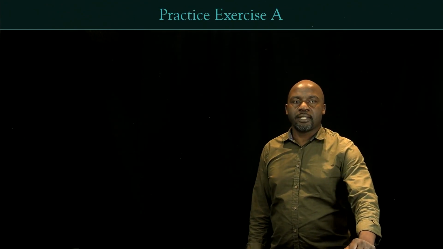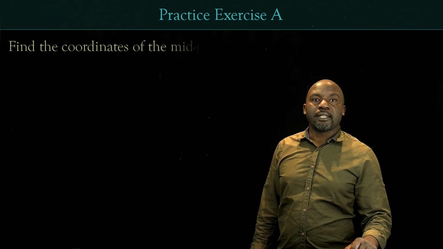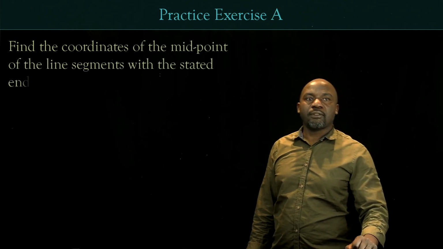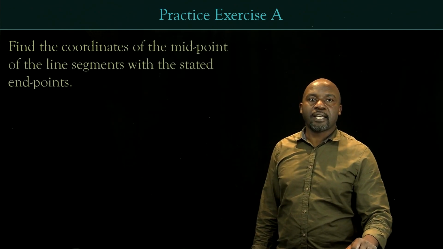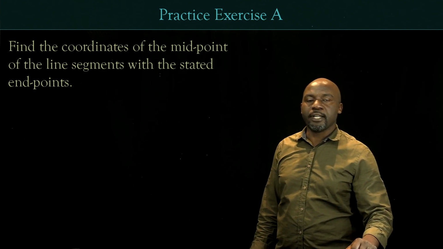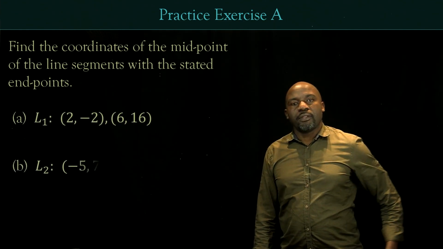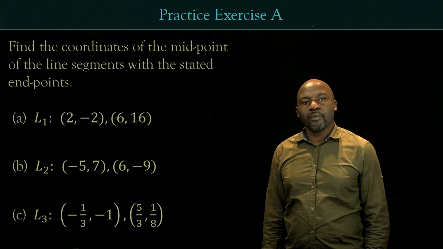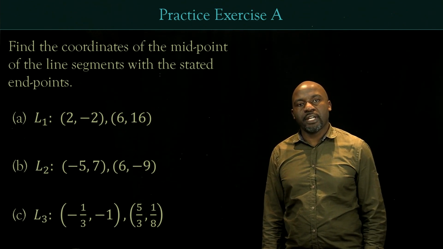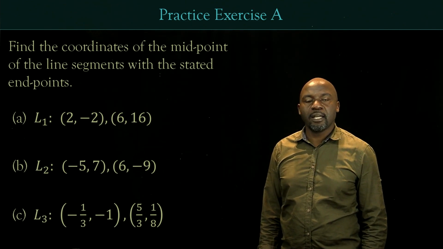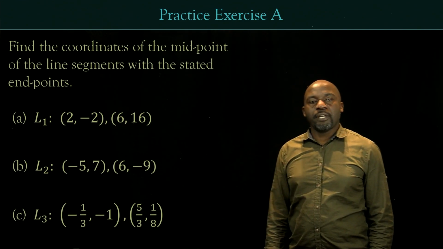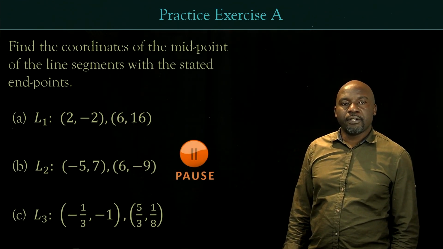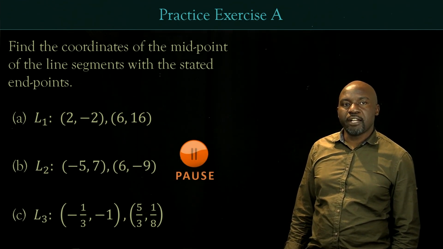Here are some practice exercises. Practice exercise A. Find the coordinates of the midpoint of the line segments with the stated endpoints. So here are the 3 lines. Those are the coordinates of the endpoints of the 3 lines. Please find the coordinates of the midpoint. Pause the video and do it yourself.